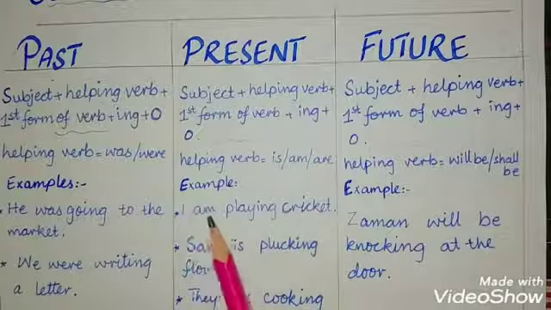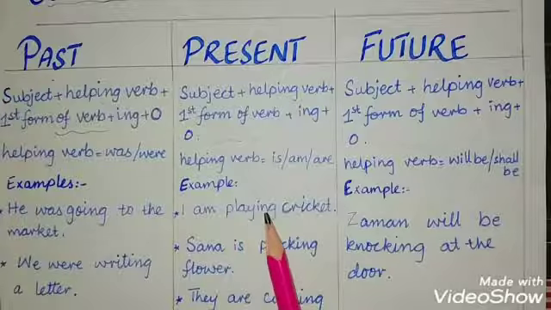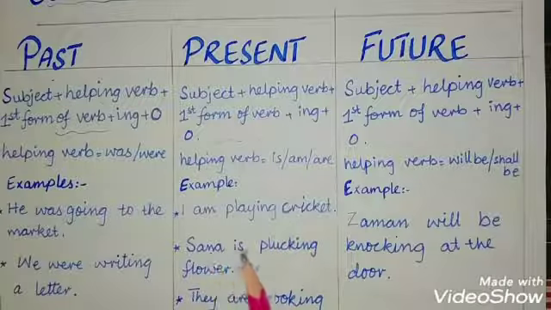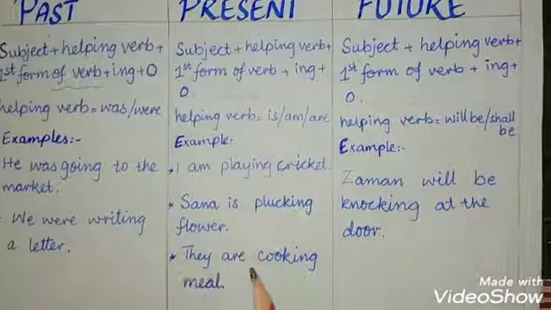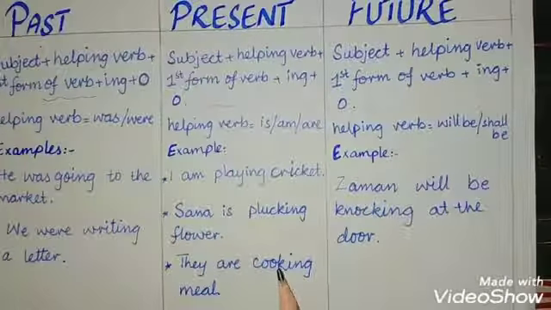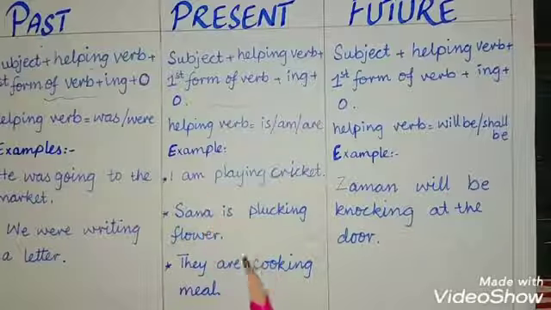I is the subject, am is the helping verb, playing is the first form of verb with ing, and the cricket is the object. Sana is plucking flowers. They are cooking a meal. So these are sentences of present continuous tense with separate helping verbs am, is or are.